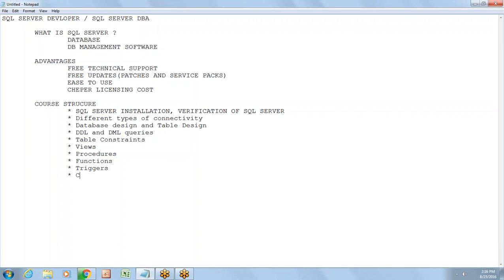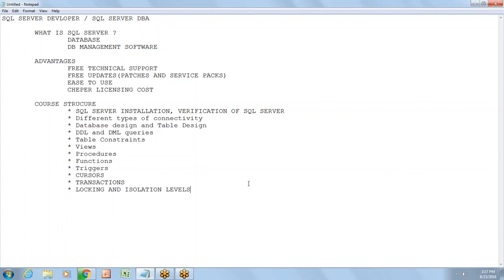We will discuss the concept of cursors, transactions, locking and isolation levels.